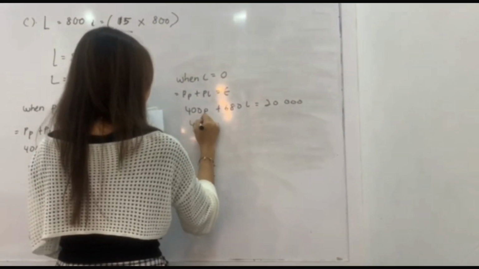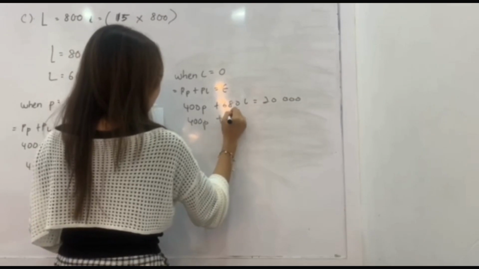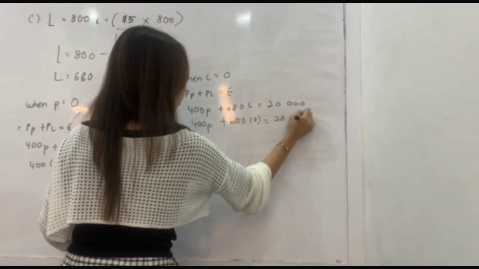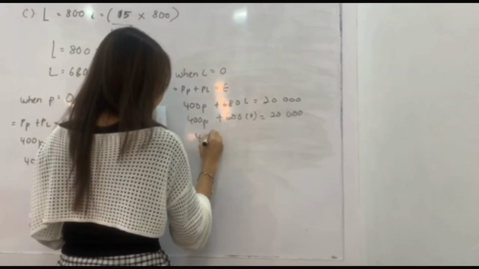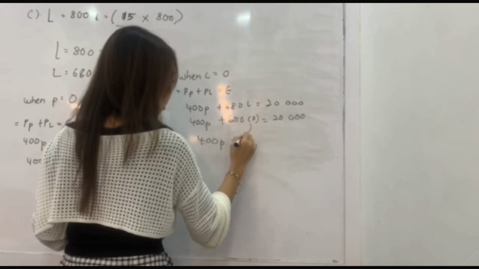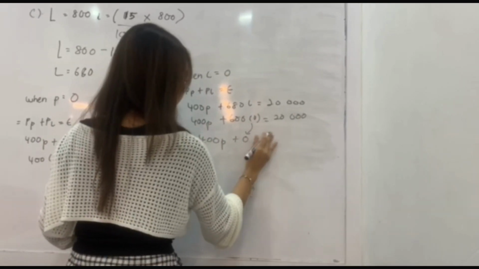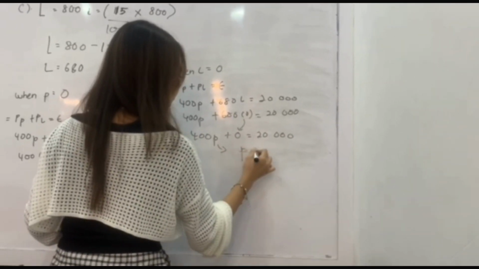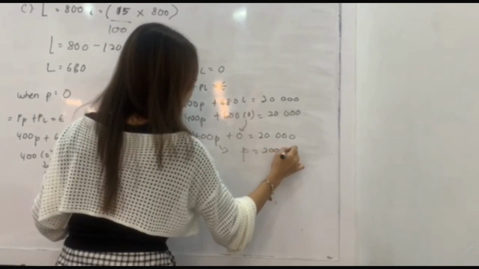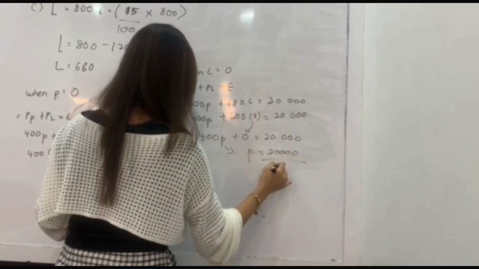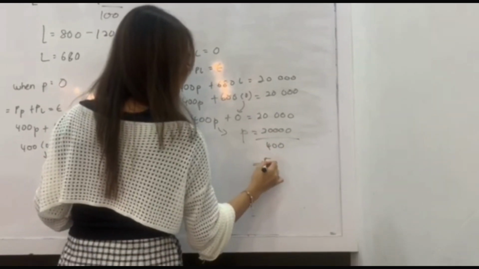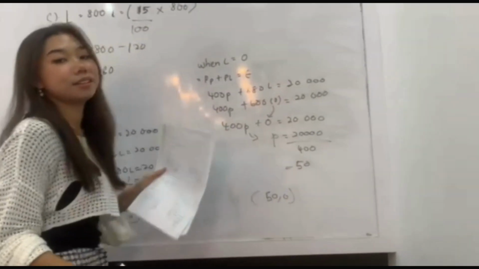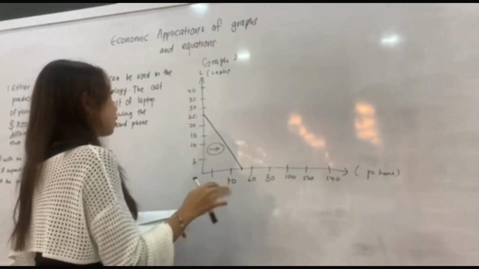So 400P plus 680(0), 20,000, sorry. 400P, turunkan 0, kita dapat 20,000. P, turunkan P, we get 20,000 divide 400. So we need to put in bracket (50, 0). So that's it. So for the last graph is graph C.